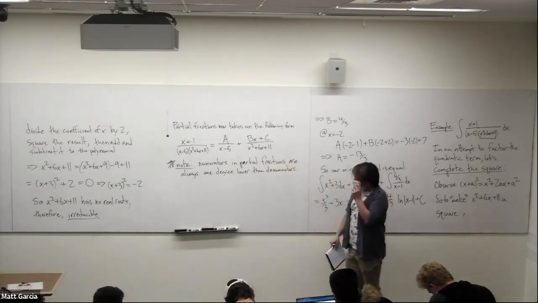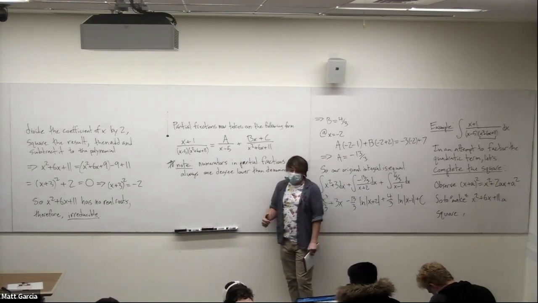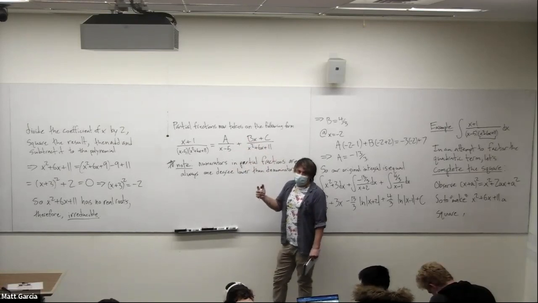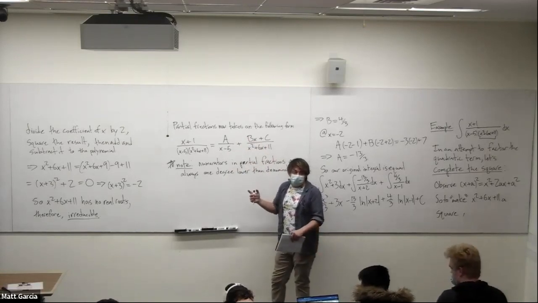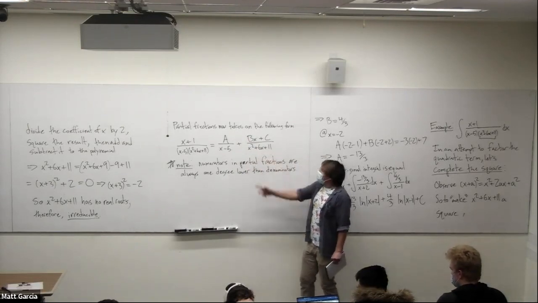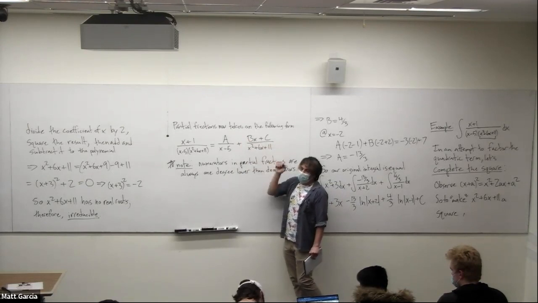So when we're able to resolve the denominator into all linear factors, we always have constants, right? Because linear things are degree 1 and constants are degree 0. But now, since we have an irreducible quadratic term, we have to have a linear term in the numerator with unknown coefficients.